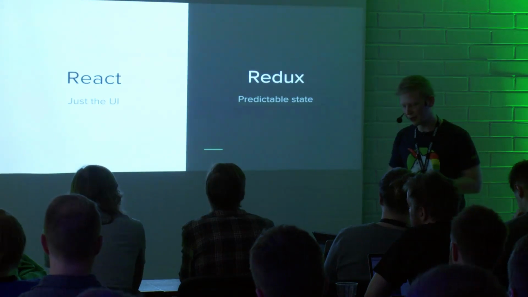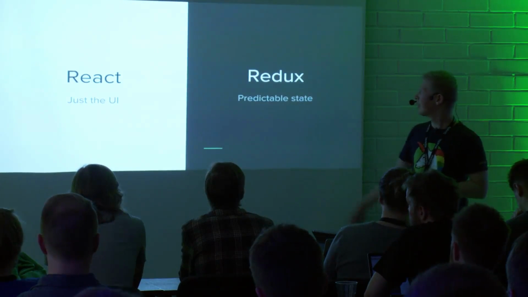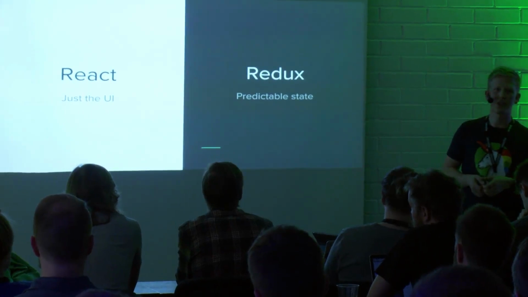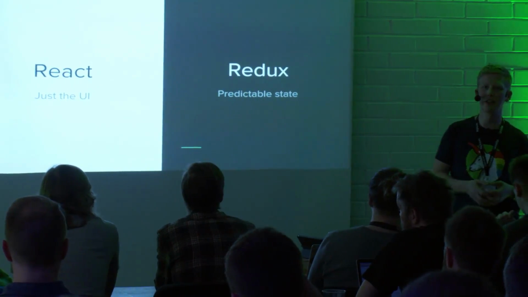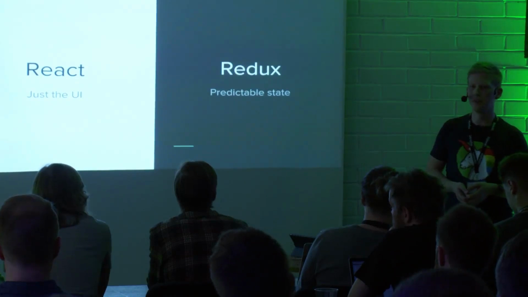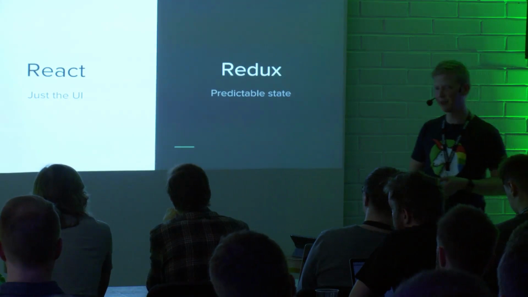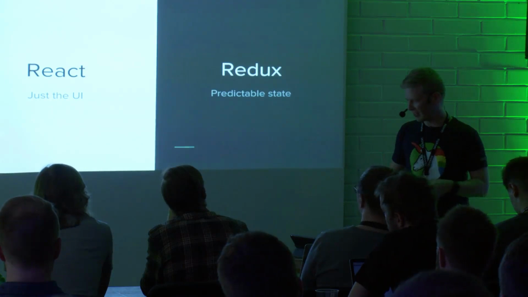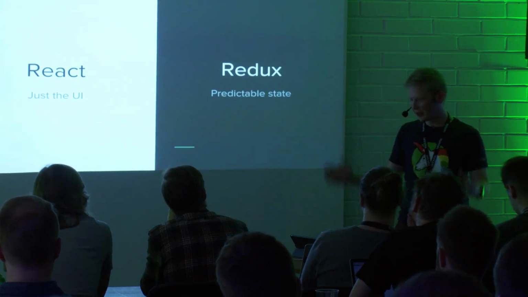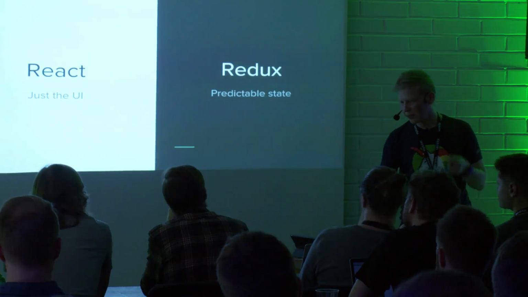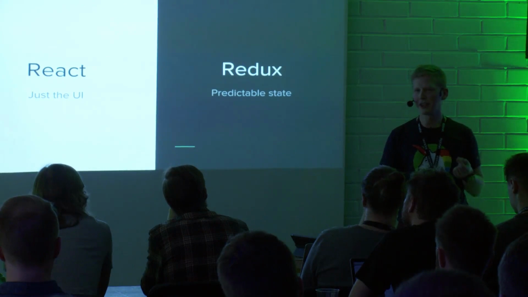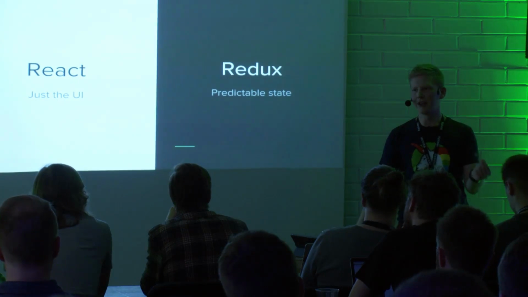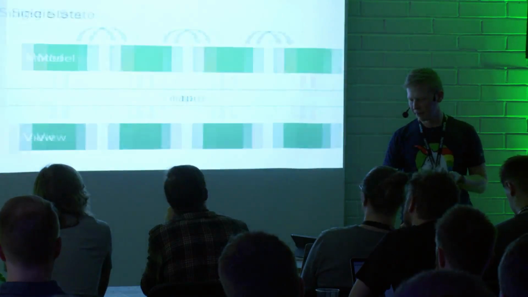So what about the other parts of the puzzle? Well, Redux is the current status quo answer to that question. What they say is that it's a predictable state container. And how does it work? It's about controlling the state in a very strict way.